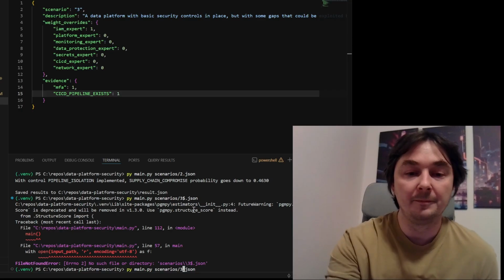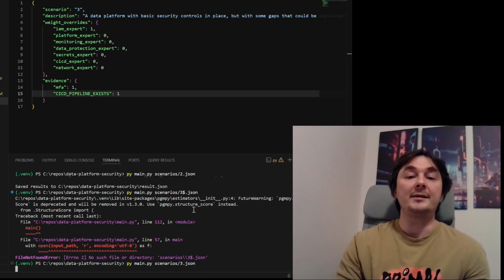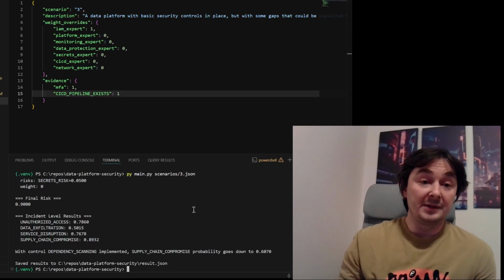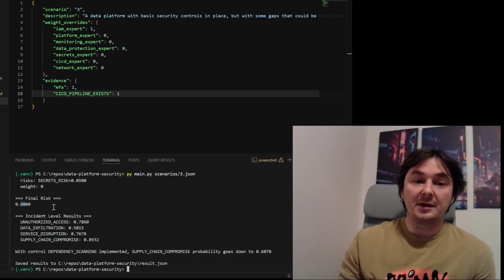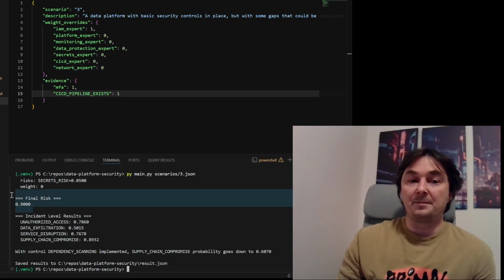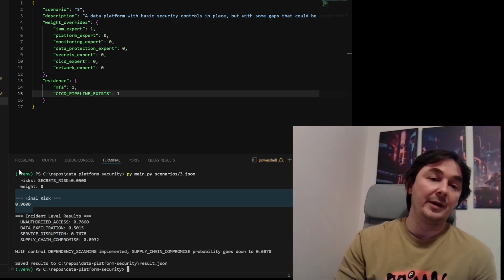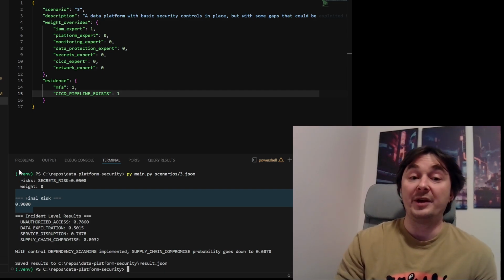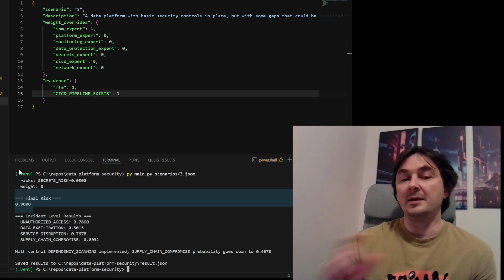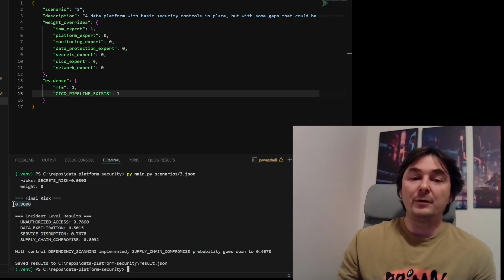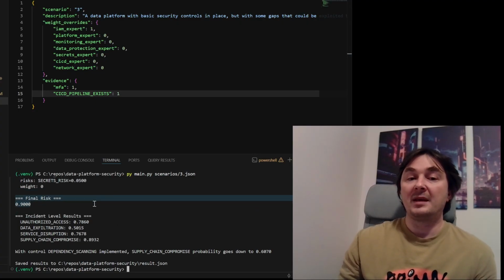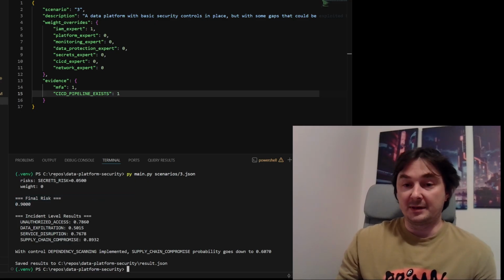if we will run this scenario, then it will say that the final risk is 90%, and that is a combined risk across all of the experts, but not the incident. So this is somewhat of an average across all of those experts, what would be the likelihood of a risk happening.